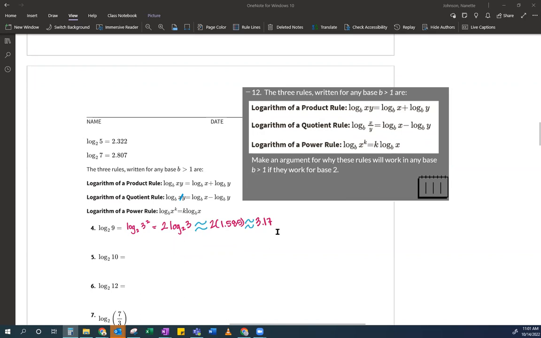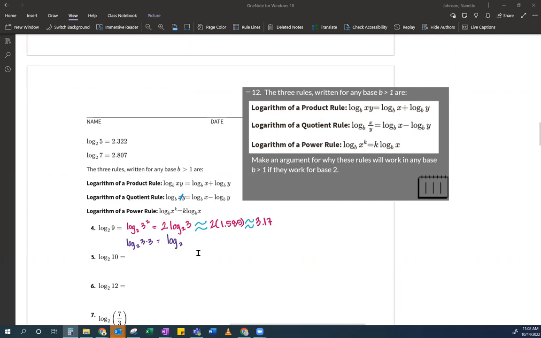The alternative way to do it was, you guys all said 3 times 3. So I'm going to go log base 2 of 3 times 3. Well, according to this, the product rule says if it's multiplication in the log, then it's addition outside. Okay, so you want me to put log base 2 of 3 plus log base 2 of 3? Yeah. And then there are several things you could do here, right?